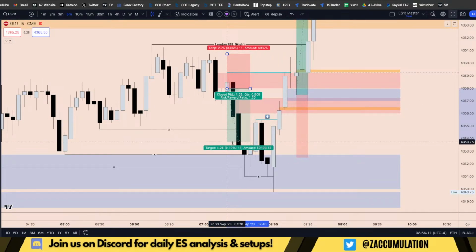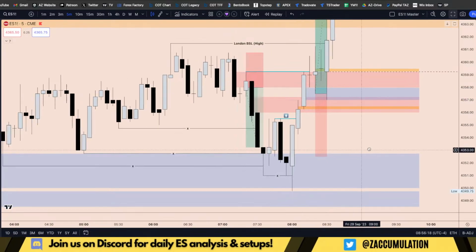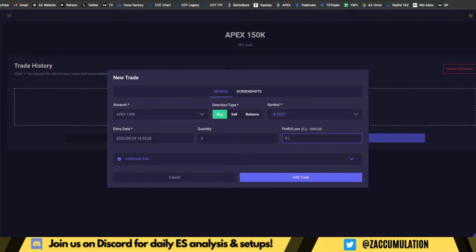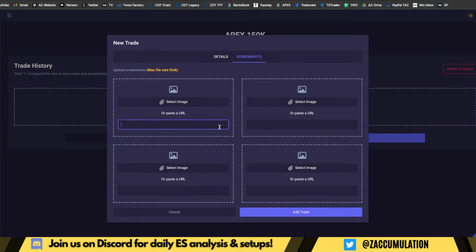I think I got another contract out here, so like this. We went short with 2 contracts. On this trade I made 250 at the screenshot.